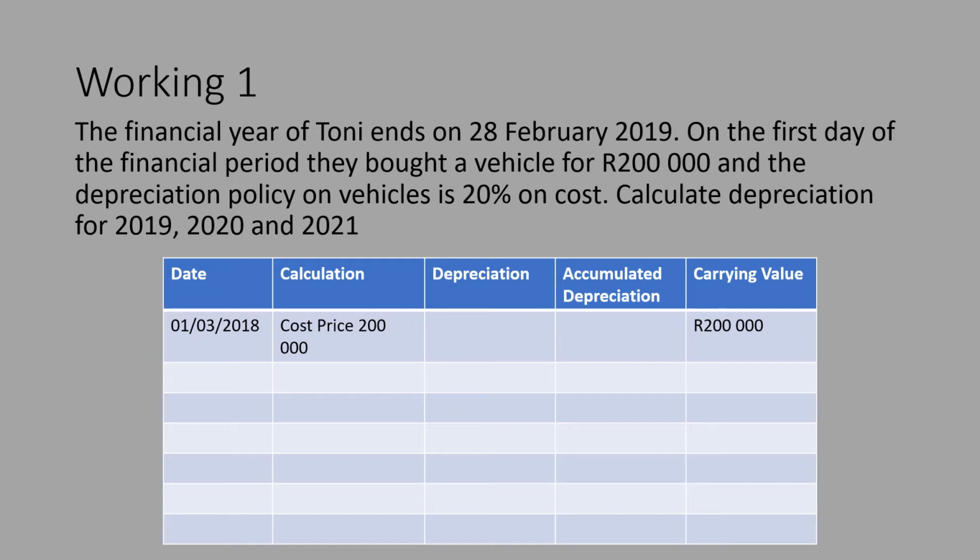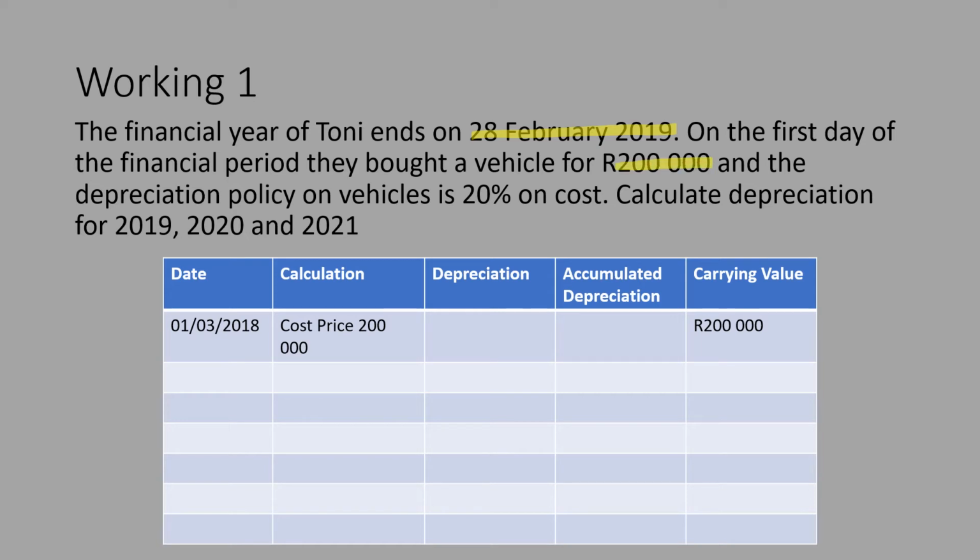The financial year of Tony ends on 28 February. That means the year should have begun on 1 March 2018 if it ends on 28 February. On this first day of the financial period, they bought a vehicle for 200,000.